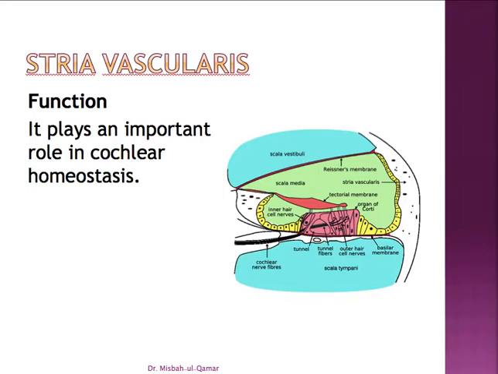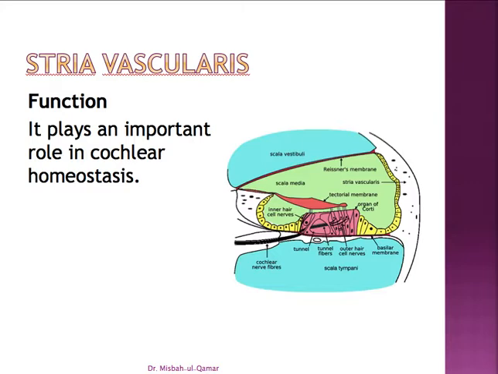So keep in mind that the function of the stria vascularis is to maintain the cochlear homeostasis by generating the endocochlear potential, because for the sake of the endocochlear potential, it maintains a unique ion composition of the endolymph, which is different from that of the perilymph present in vestibuli and tympani.